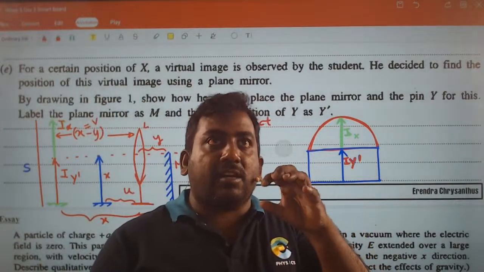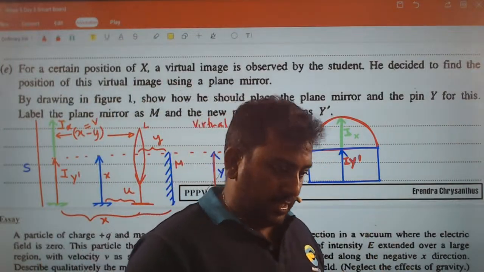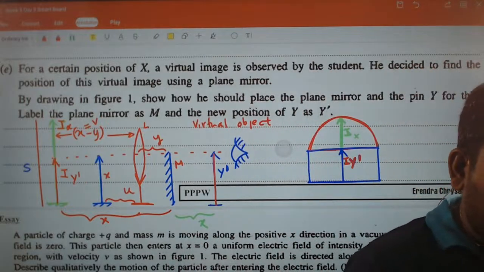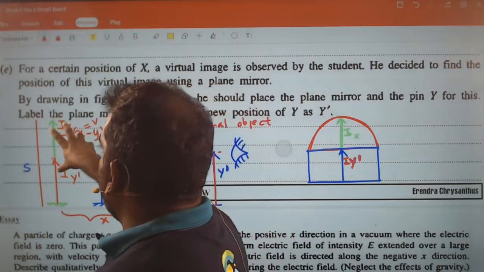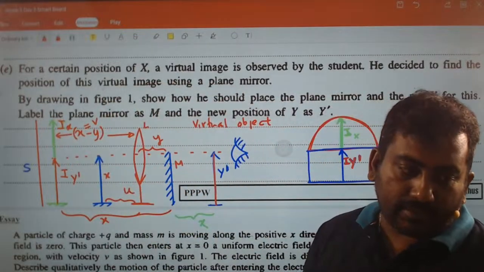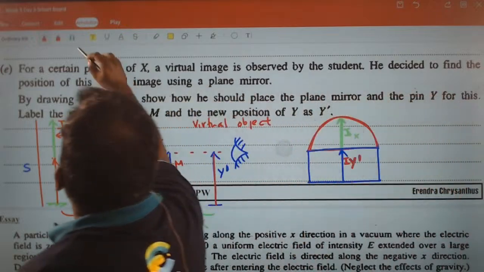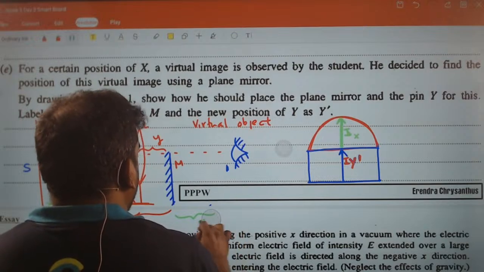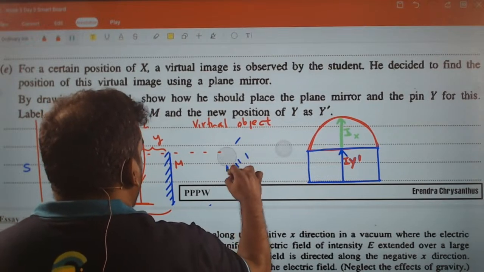Whenever we find a virtual image using no parallax method, we use a plane mirror. So if you are actually drawing it with symmetricity, these values keep the object.